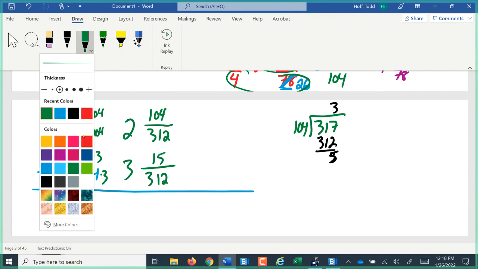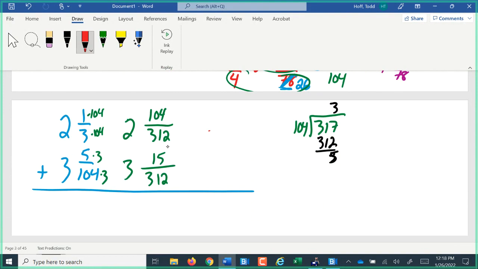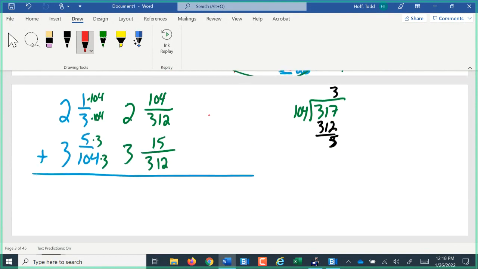And 104 plus 15 is 119. And then 2 plus 3 is 5. Now we should look to see if 119 and 312 can reduce. They cannot. Here's our result, 5 and 119 over 312.